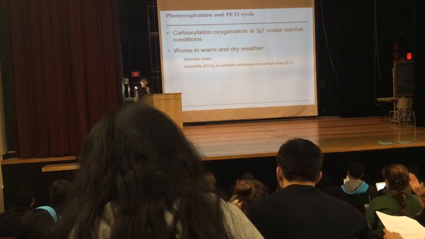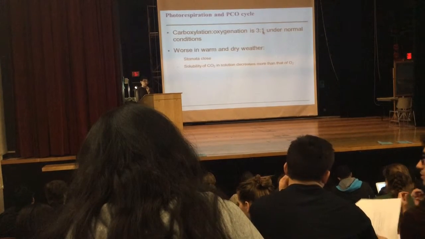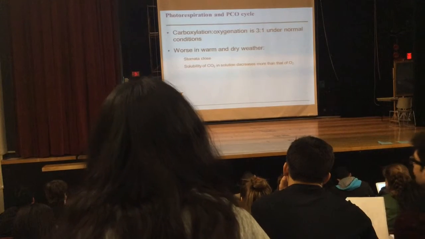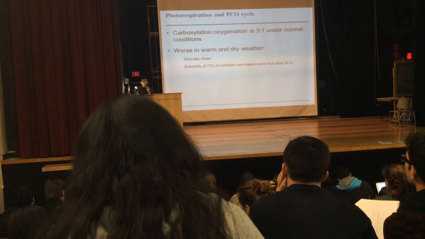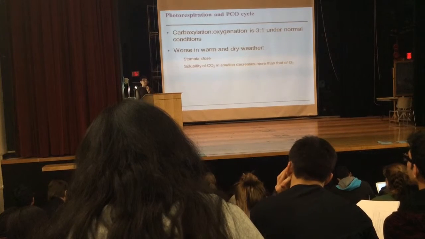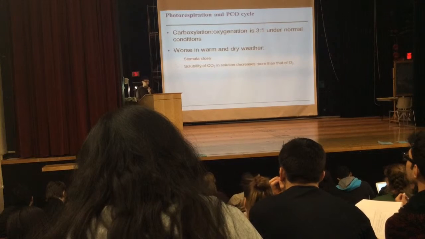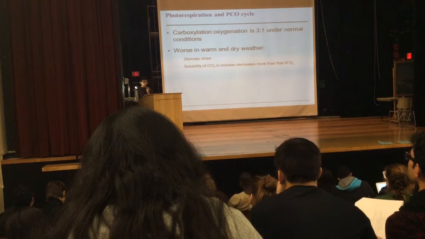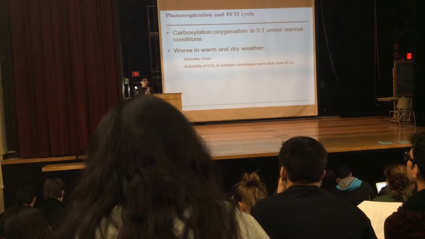So for every 3 times that carbon dioxide binds, 1 time oxygen will bind. So 25% of the time, the plants are losing carbon they already had, which is a problem. That's why the efficiency of photosynthesis is not as high as you would think it would be, because oxygen is a problem. But it gets worse when it's warm and dry, because the plants have to close their stomata.